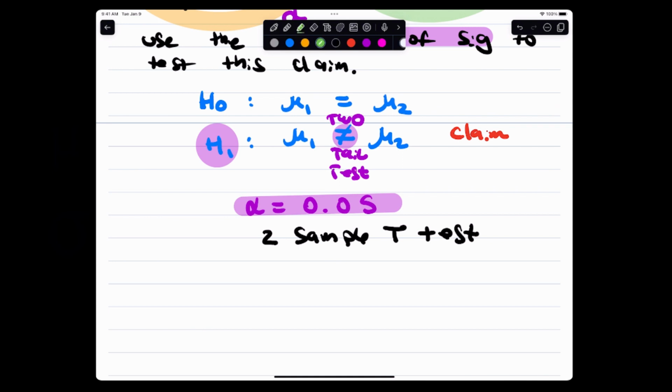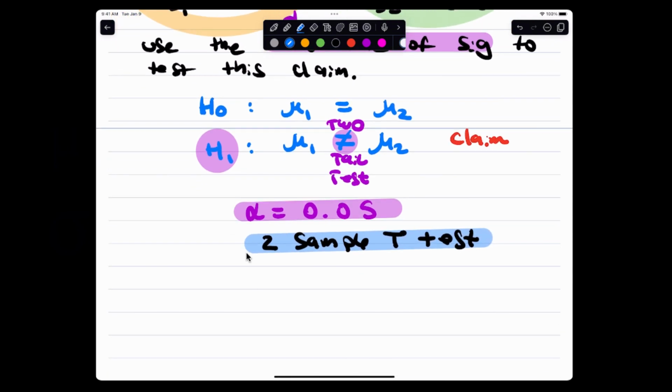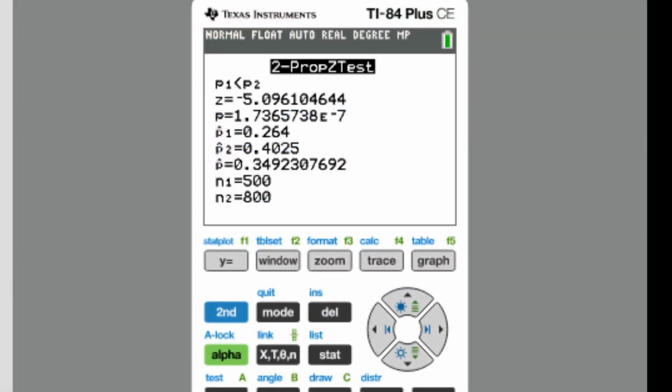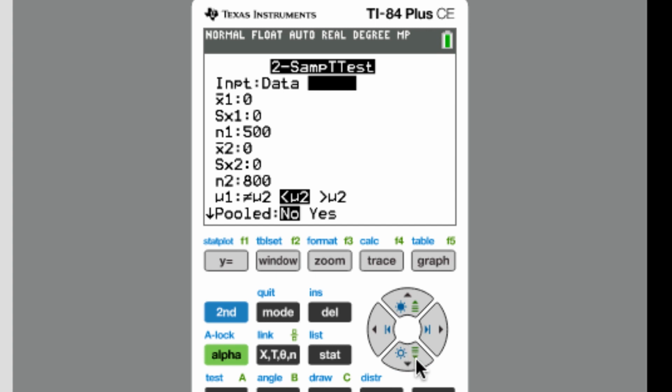This is the command in the TI. So, ladies and gentlemen, go to the TI now, like you've been doing, and what do you go to? Stat, test. Where is the two sample T-test? It's number what here? It's number 4. Good.